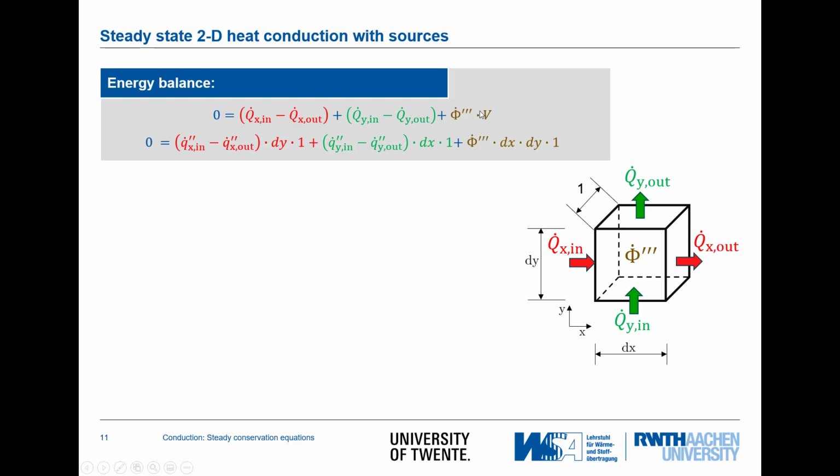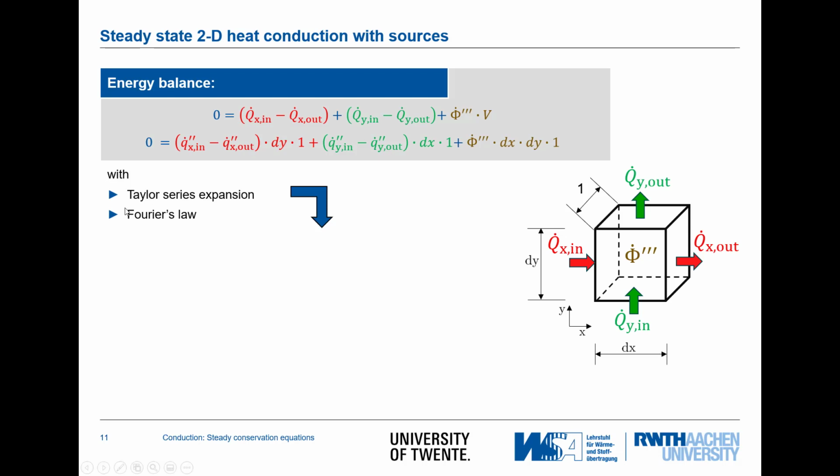So how is the volume described here of this unit cell? This is of course the size dx times dy times the unit 1. And we immediately see that the last term here also contains the two values of the infinitesimal element sizes dx, dy, which cancelled out here after applying the Taylor series expansion.